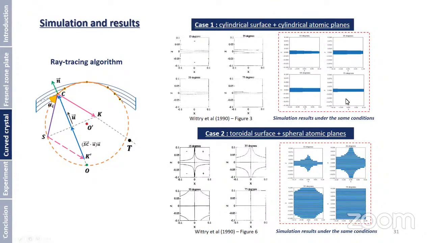We can see the simulation results agree well with Vitry's results. However, the simulation results are more asymmetrical. That is due to the high order terms that were neglected in Vitry's calculation.